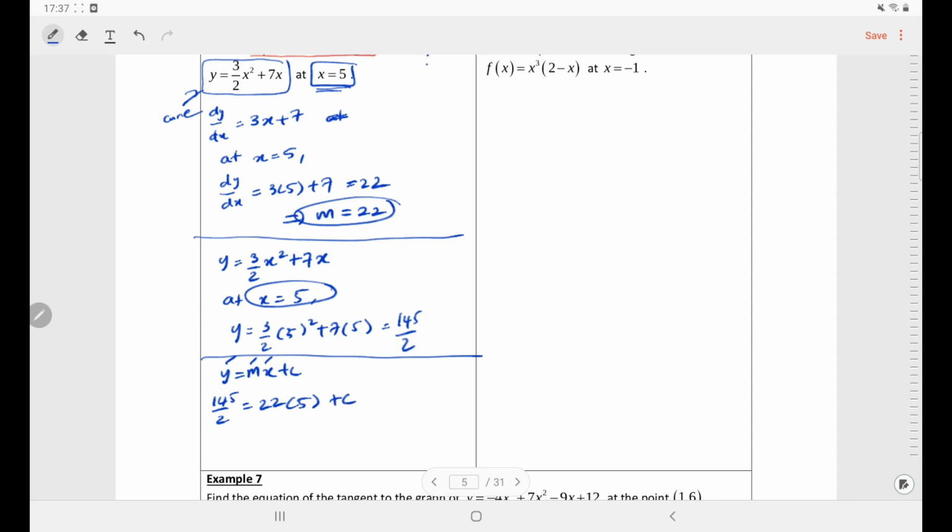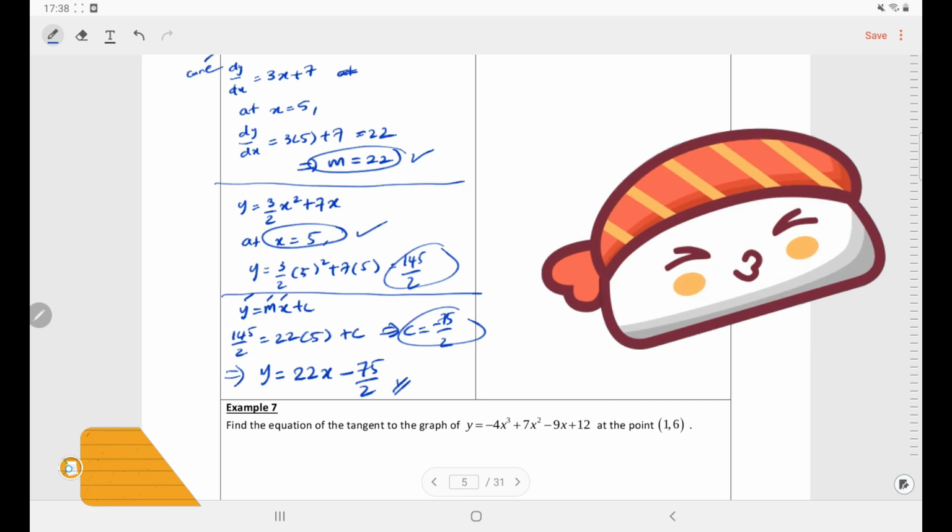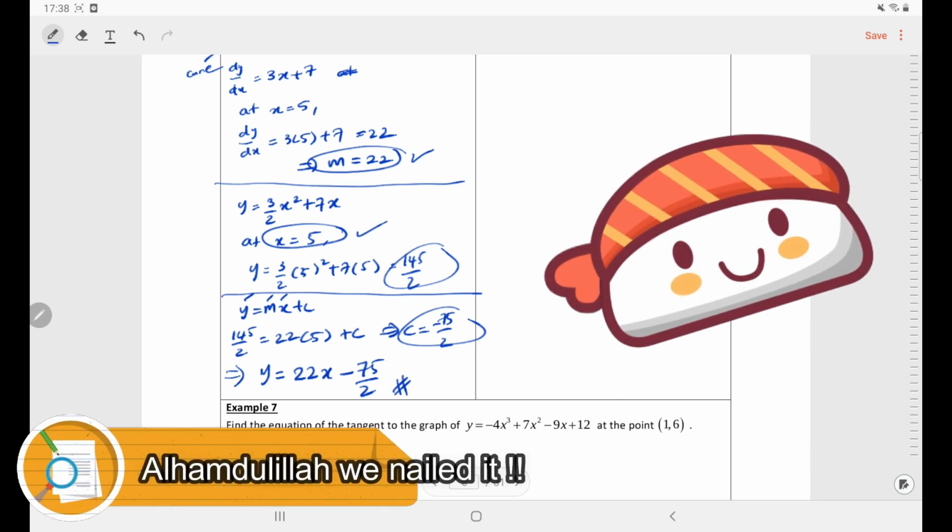Plus C. So you have to rearrange and then find the value of C. So kita akan dapat negative 75 over 2. So now we have everything that we need. Okay, kita dah ada M, kita ada X, kita ada Y, kita dah ada C. Bermaksud kita dah boleh rewrite. Okay, Y is equal to our M, kita gantikan 22x minus with C 75 over 2. So this is the final answer for the equation.